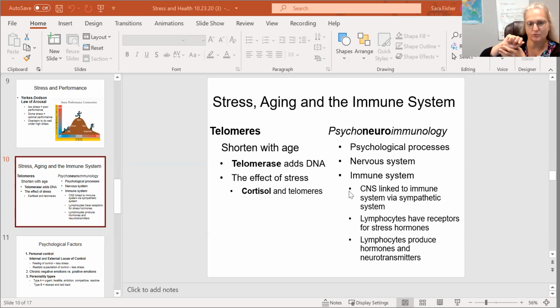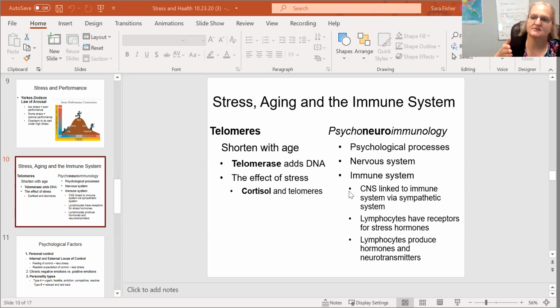Well, cortisol, which is a stress hormone, causes the decay or dissolving of telomeres. So aging is a byproduct of cellular repair and cellular division. When your cells don't repair and don't divide anymore, that's effectively what aging is.